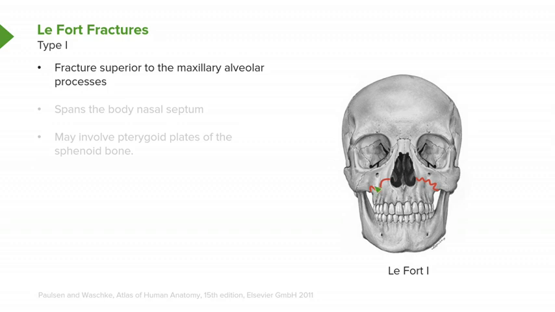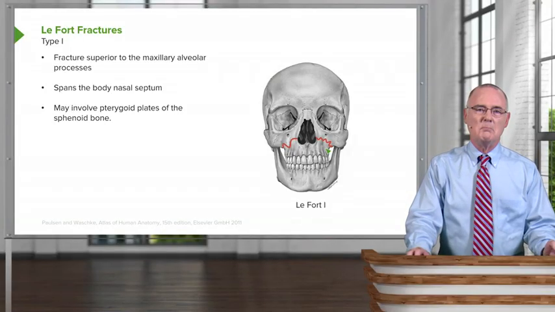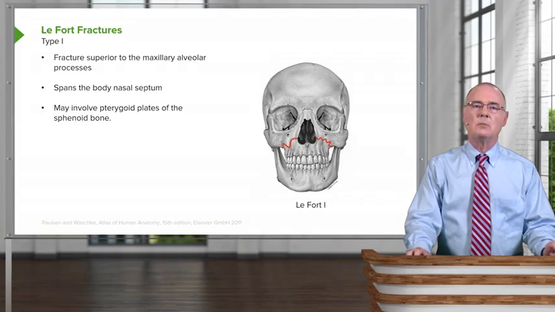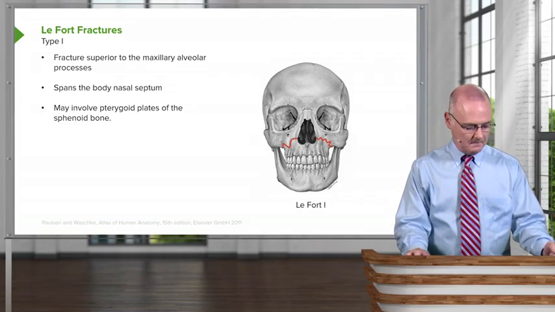This would be where the maxillary teeth are found in the maxilla itself. So we're looking at structures that would then span the nasal septum as you come across here, across the mid-face. And then this type of Lefort fracture may also involve the pterygoid plates that are features of the sphenoid bone.